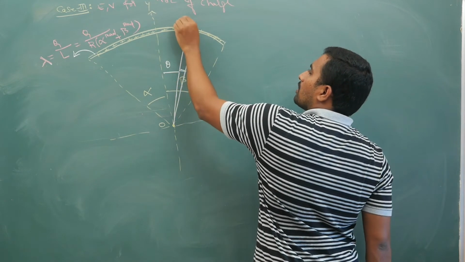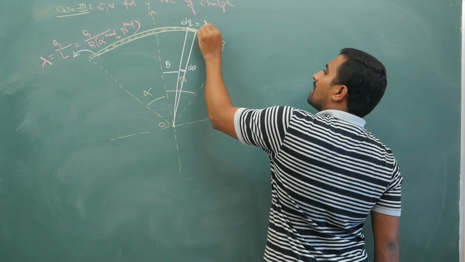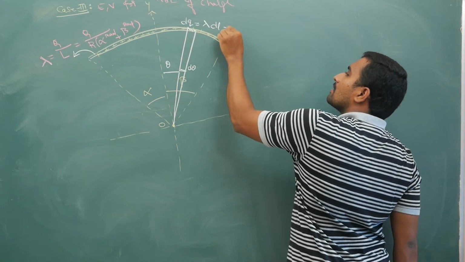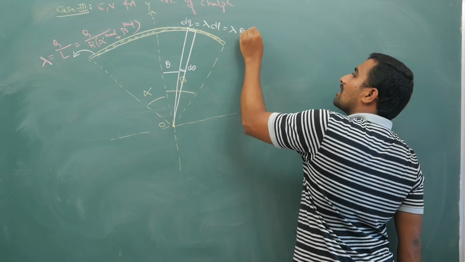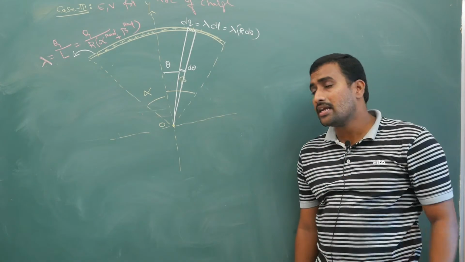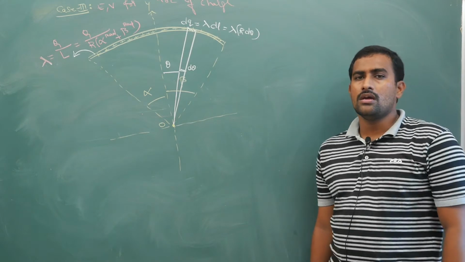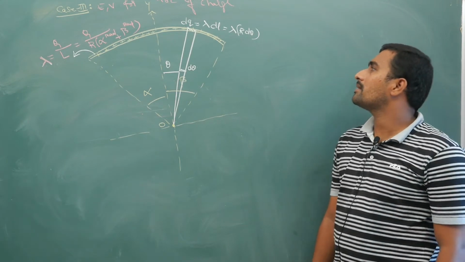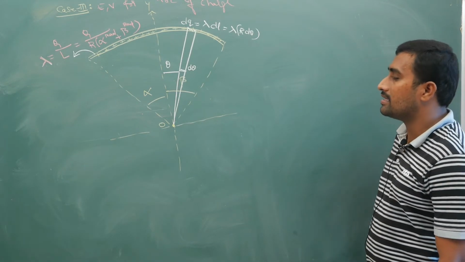So your small charge dq is lambda times small length, that is equal to lambda times r d theta. This I have explained in my integration video. Your small arc length is given by r times small angle d theta.